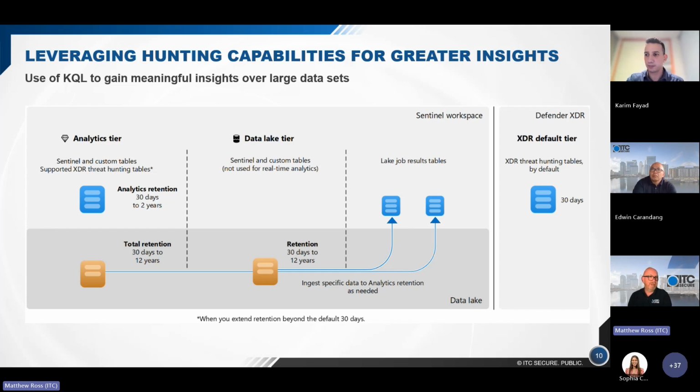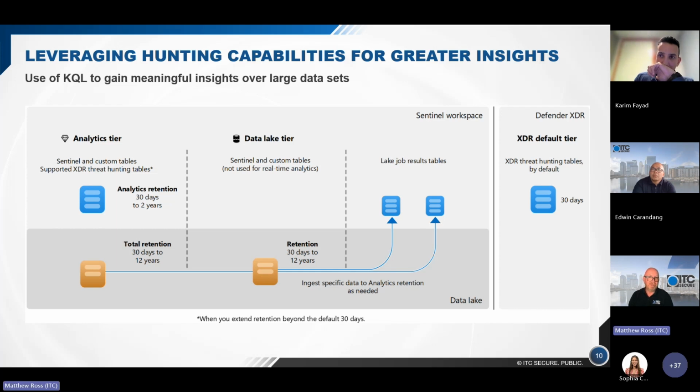By moving a table that you know has a lot of high volume, low security value data, such as common security log or syslog or AAD non-interactive sign-in logs as good examples, you can move those tables into the data lake tier and not include them in the analytics tier at all, and therefore you get much reduced ingestion costs. In fact, a factor of, I think, about 26 times cheaper if you're not performing any transformations on the data.